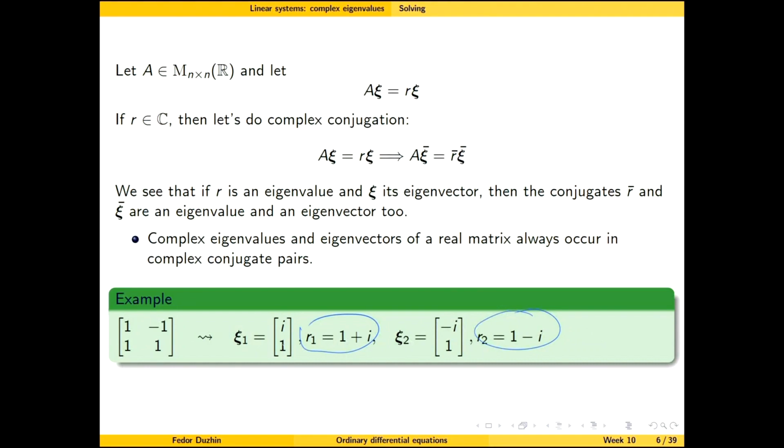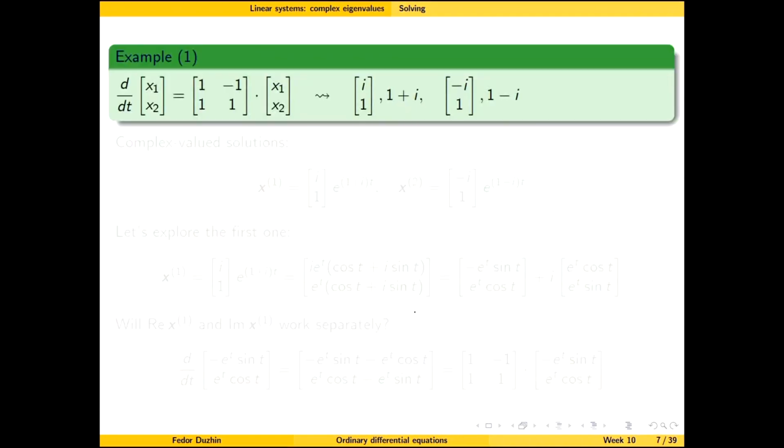So now we can proceed and figure out what the complex valued solutions of the corresponding system of differential equations are.